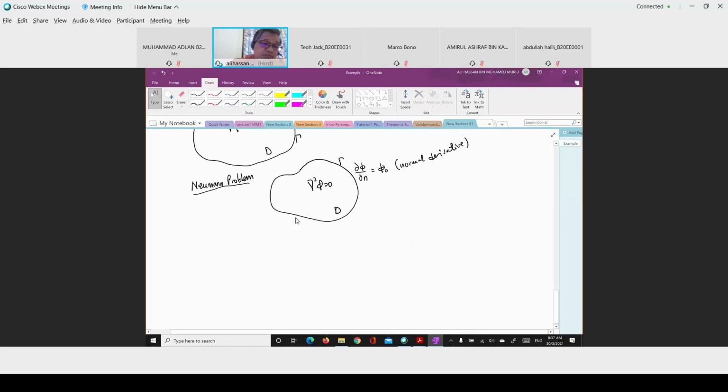There is another problem called the Robin problem in applied mathematics. It is the problem of finding a function phi which is harmonic in the region D, where on the boundary gamma it satisfies a linear combination of the Dirichlet and the Neumann condition.